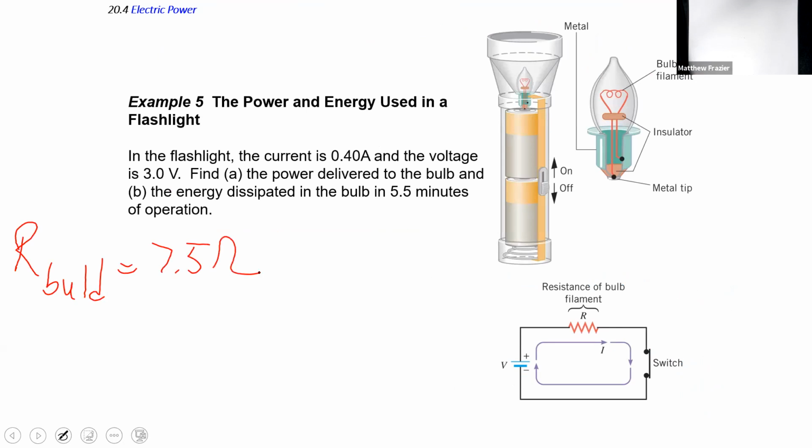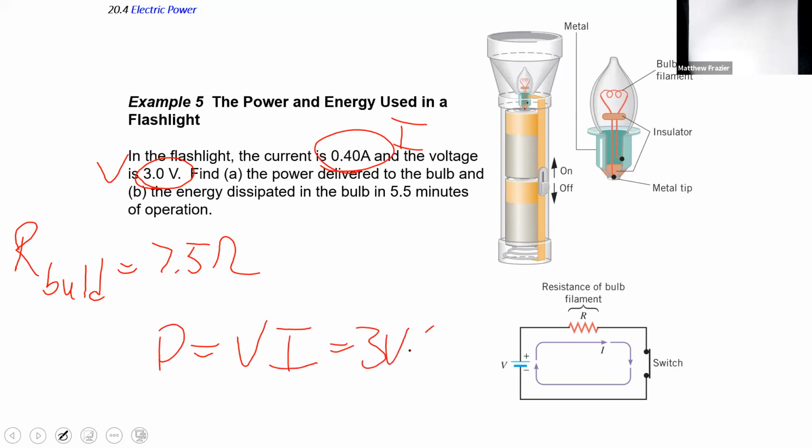So we could find that if we wanted to, but in general, this is nice and neat. We have the current I and the potential V. So the power is voltage times current: 3 volts times 0.4 amps. That is 1.2.